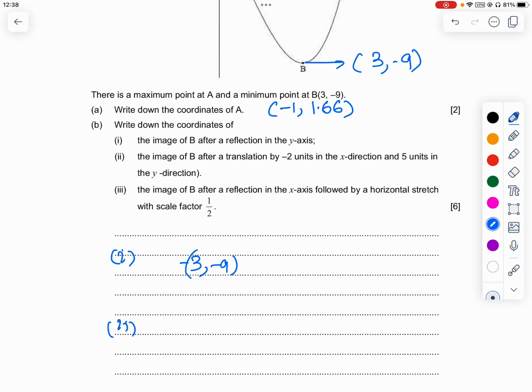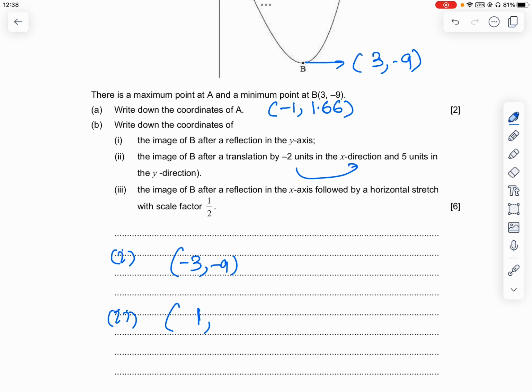Part 2, image of B after translation by 2 units in the x direction. It is negative 3 comma negative 9, then minus 2 units in the x direction becomes 3 minus 2, which is 1, and 5 units in the y direction.